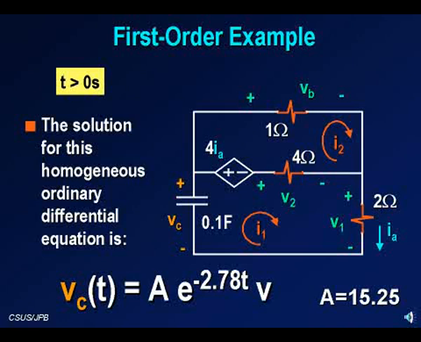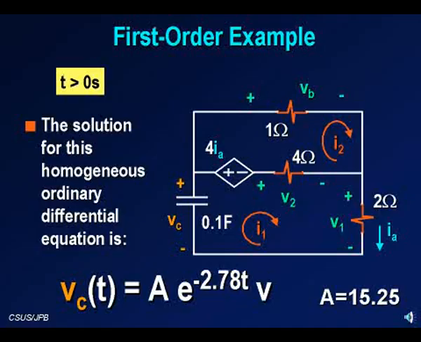Now, where does A come from? It comes from the initial condition on the voltage across the capacitor at t equals 0. So we say Vc at t equals 0 must be equal to the previous value of that voltage across the capacitor at t equals 0 minus, in other words, right before the switch opened.